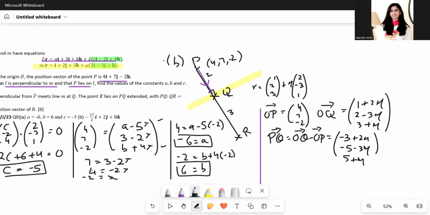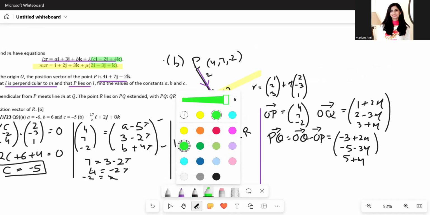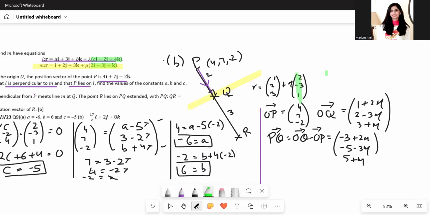Okay, now we know that the dot product of this PQ and this direction vector would be 0, because this direction vector is parallel to the yellow line, and hence the green line, that is the direction vector, is also perpendicular to PQ.